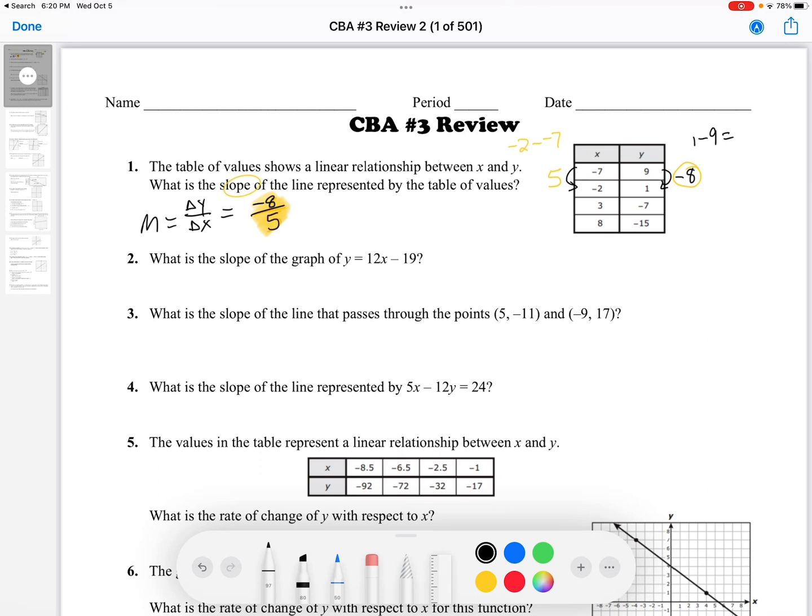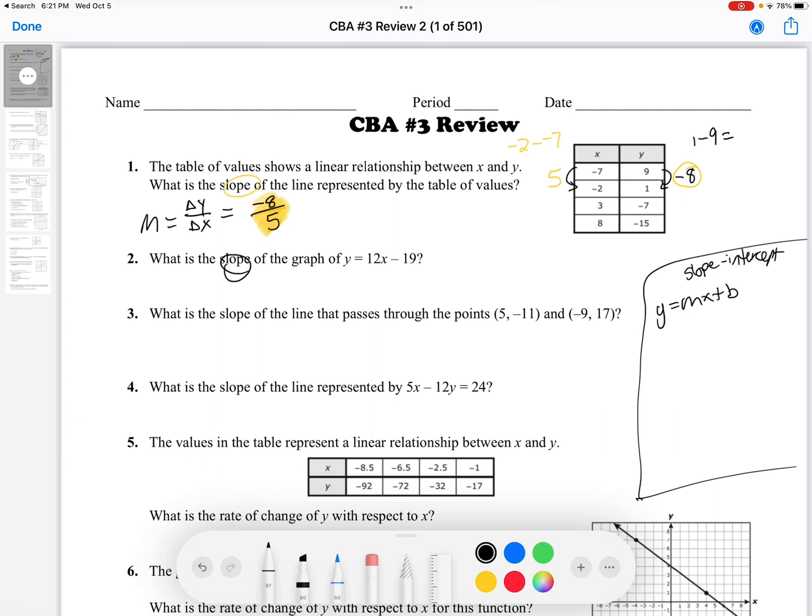Now, when we look at number 2, it says, what is the slope of the graph of y equals 12x minus 19? Let's not forget our different forms that we already went over in class. You got slope intercept form, which was y equals mx plus b.